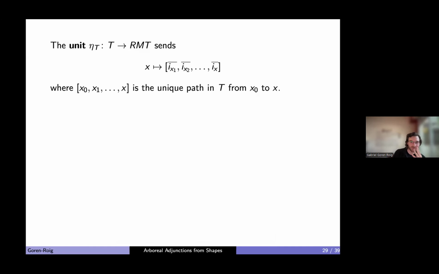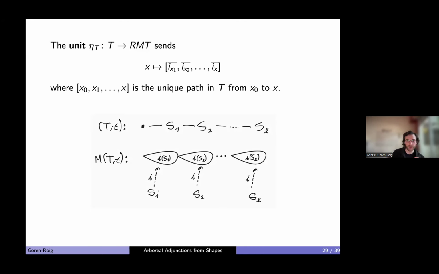And then the unit, the other way around. So here we start with a tree. We realize the tree, and then we look at saturated sequences into that tree. So imagine your tree has a branch with shapes S1 to SL. It doesn't have to be the entire tree, but just a branch of the tree. And so when you realize this tree, you will get something that looks like this, which would be a sequence of shapes glued at the endpoints.